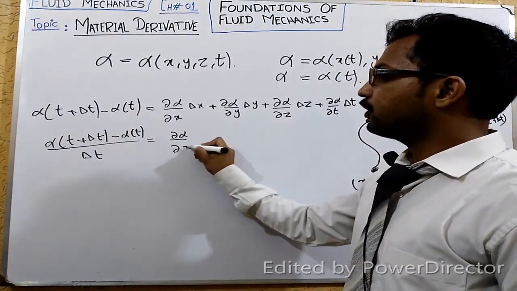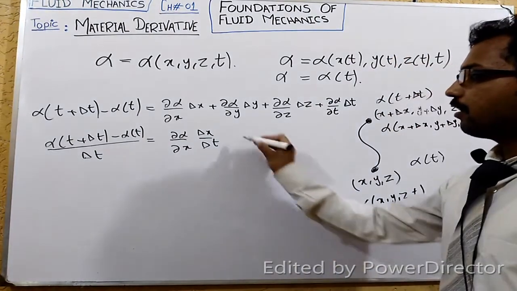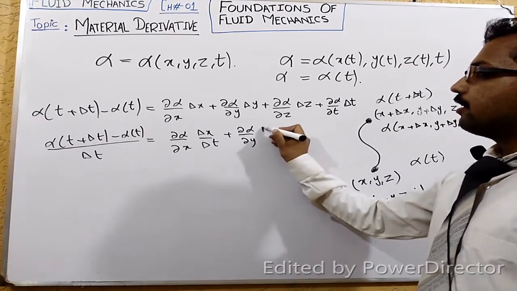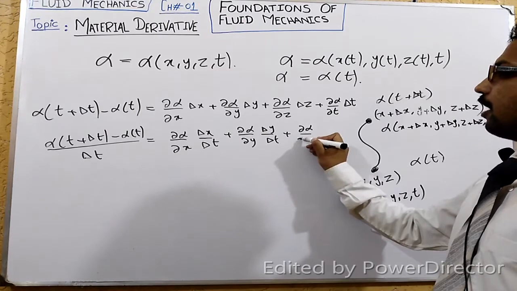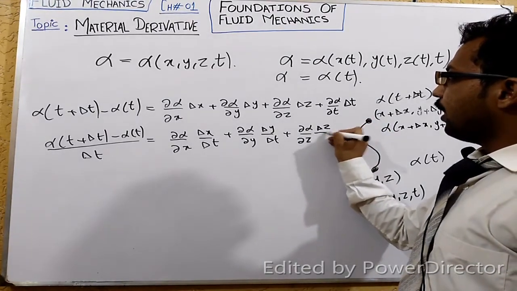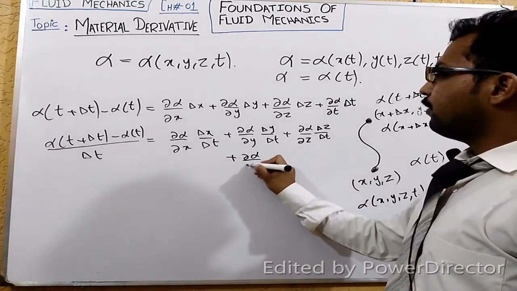partial alpha by partial x delta x divided by delta t plus partial alpha by partial y delta y divided by delta t plus partial alpha by partial z delta z divided by delta t plus partial alpha by partial t.